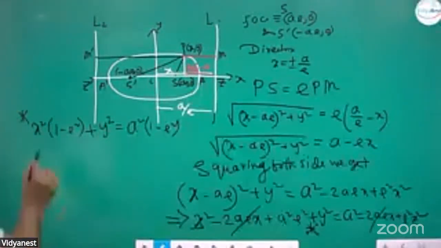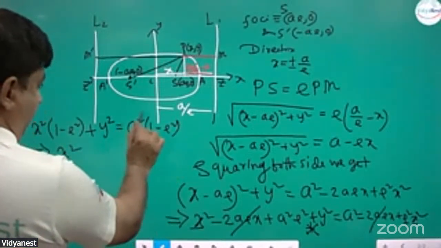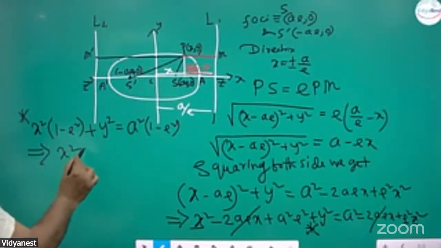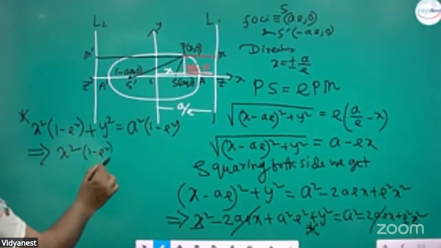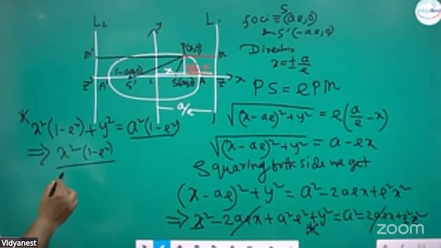So our job is to keep 1 on the right hand side. So you divide both sides by the right hand side.